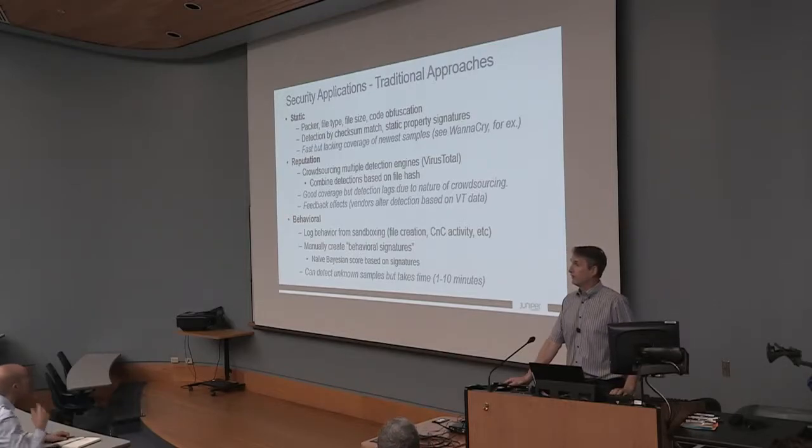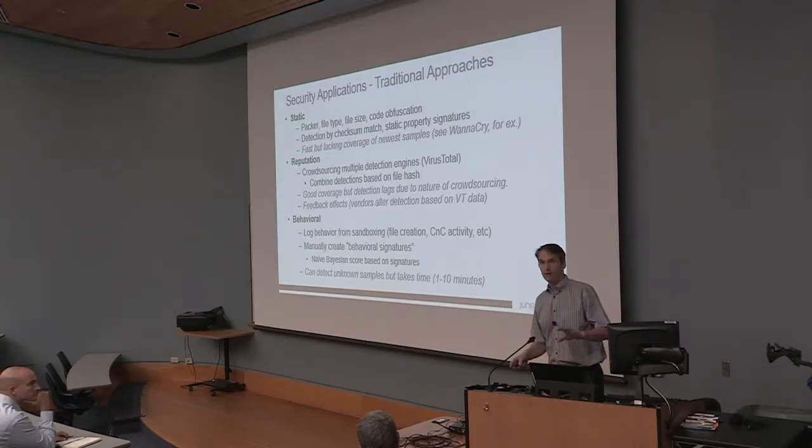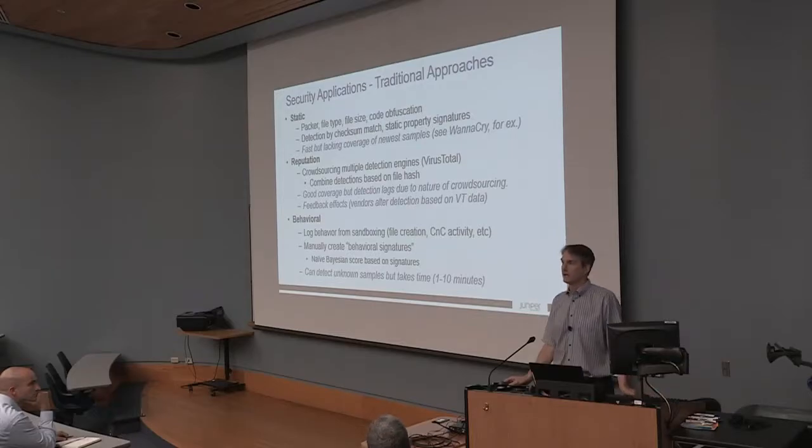There are a couple of traditional techniques for detecting malicious objects, so we'll focus on that subproblem, involving three different kinds of inspection technique. The first and probably most common is static detection. And that's what most antivirus engines running on your laptop use to do detection.